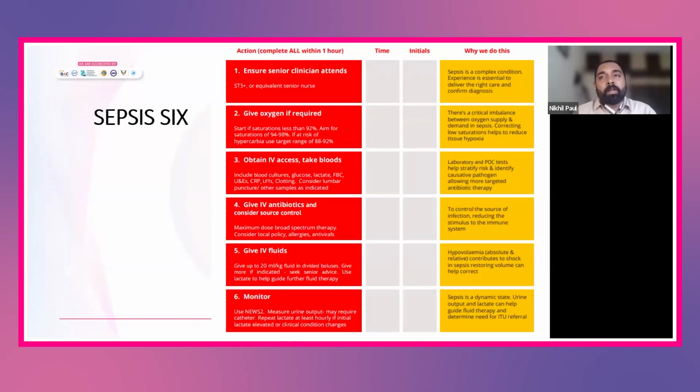For example, if this is a catheter related, tube related or insertion related infection, like a nephrostomy tube or a urinary catheter, source control also includes removing the tubes accordingly. Broad spectrum antibiotics are chosen according to local policy as well as the patient's allergies. And to add on antivirals, again, that is according to the infection specific and the patient specific factors as well.